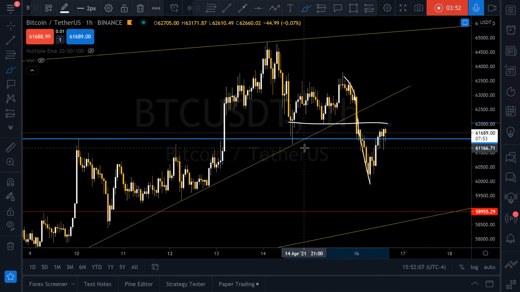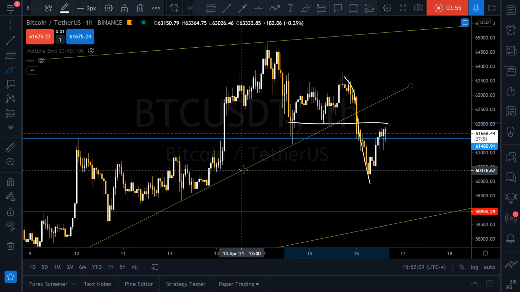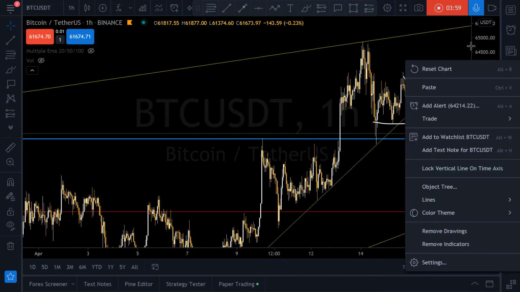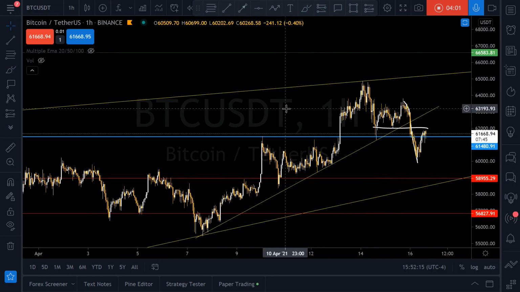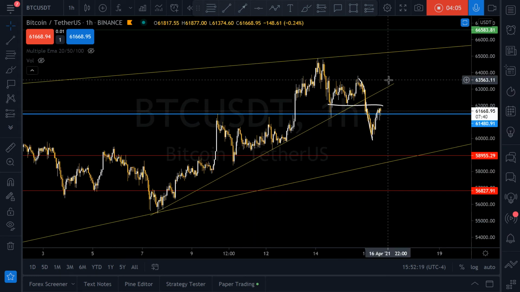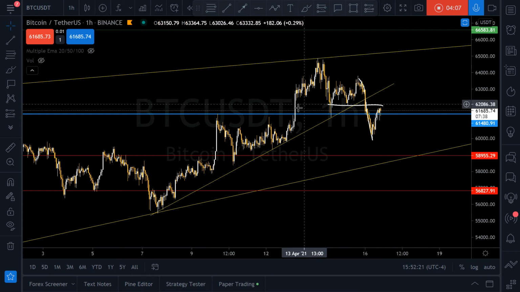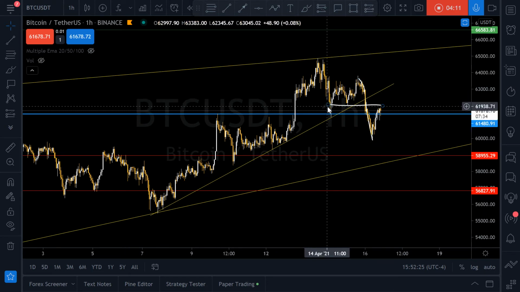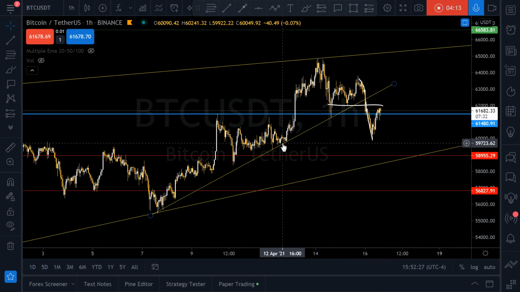I have this uptrend here to give me an indication, not the absolute confirmation, but an indication of when price is breaking structure. Once we break that structure, we also broke the higher lows relative to these lows.